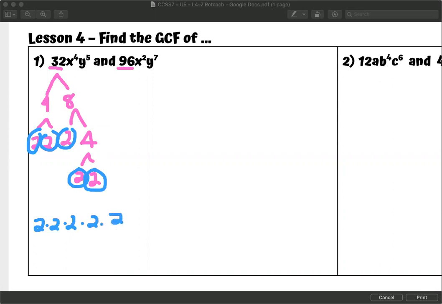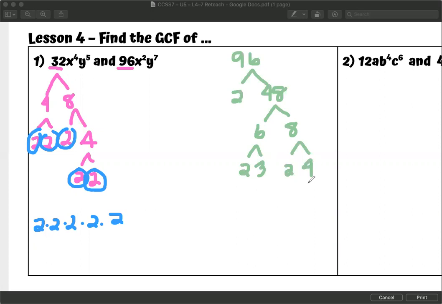We can also do the prime factorization for 96. Let's say I split this up into, let's do 2 and 48. 48 is a little bit easier to split into, let's do 6 and 8. 6 splits into 2 and 3. 8 splits into 2 and 4. 4 splits into 2 and 2.